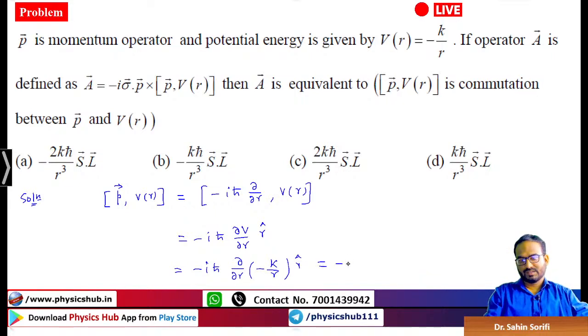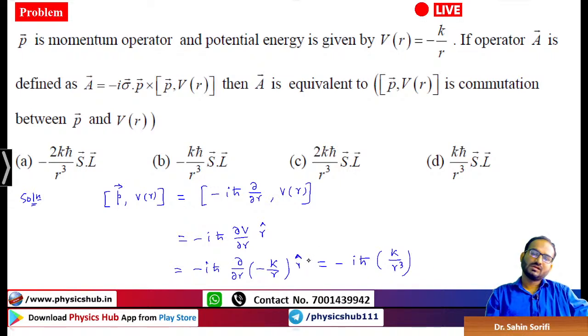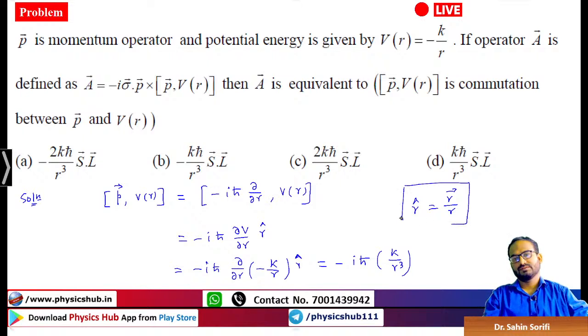So this is minus iħ k by r cubed. Instead of writing r cap, it means vector r by r; r cap is vector r by modulus of r. You know this one. So this becomes minus iħ k by r cubed vector r.